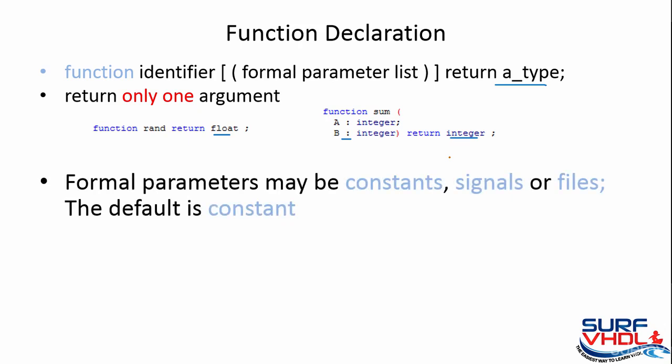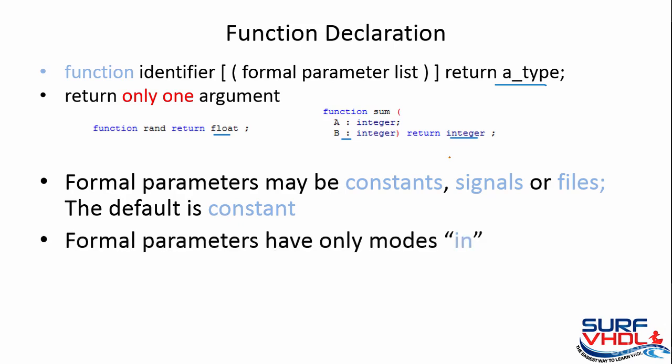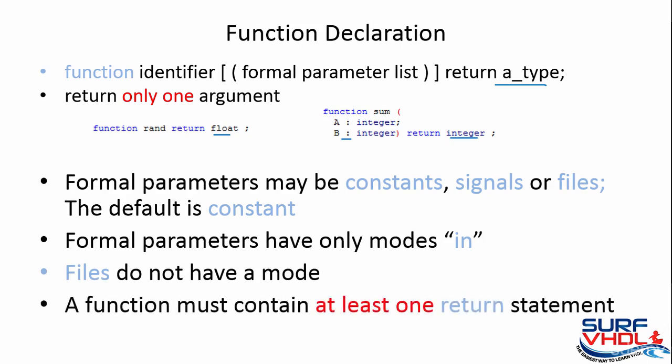Formal parameter can be constant, signal, or file. The default is constant. Formal parameters have only mode in. Files do not have a mode. A function must contain at least one return statement and must end with the execution of a return statement.